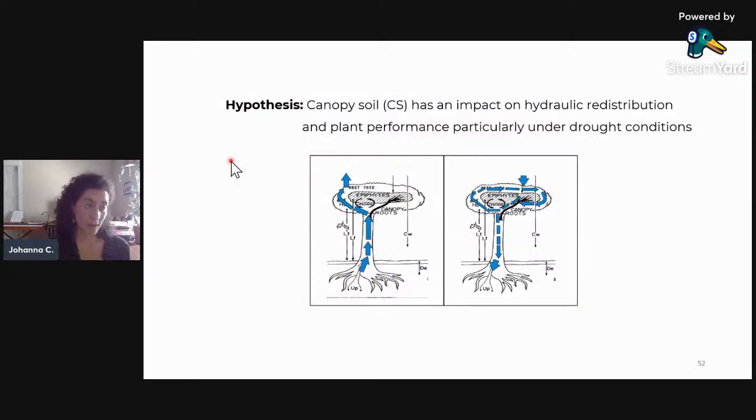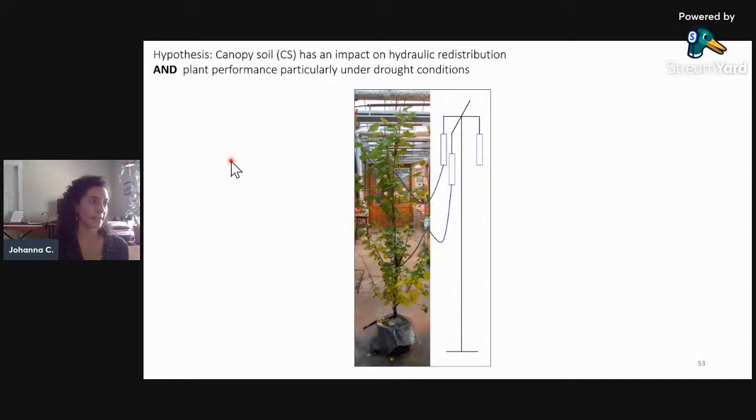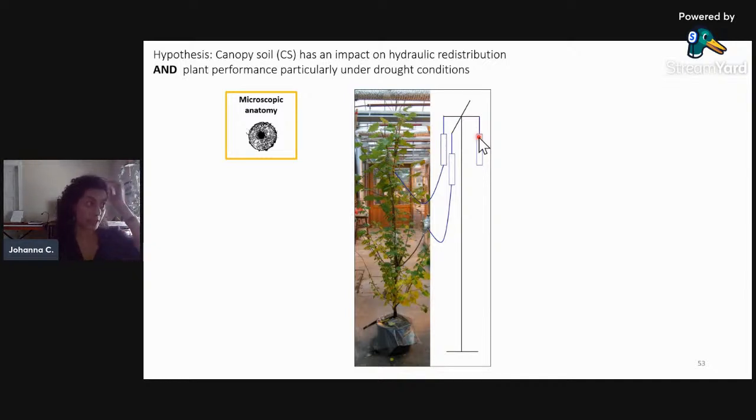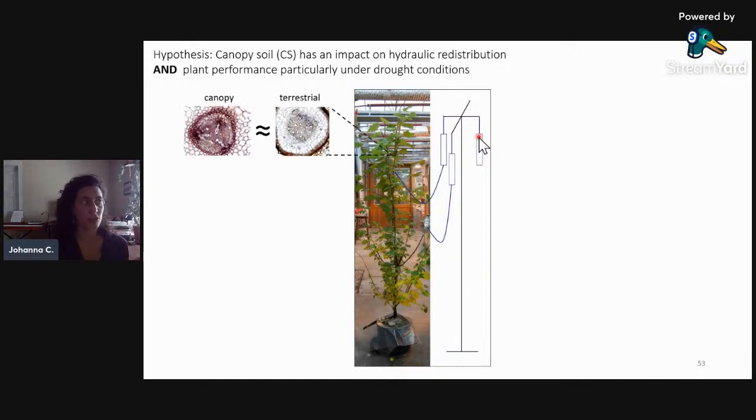So if we go back to my main hypothesis, that the Canopy Soil has an impact on hydraulic redistribution and plant performance, particularly under drought conditions, we saw first that these plants can develop canopy roots, and these roots are functional because they have the basic structures to be functional.